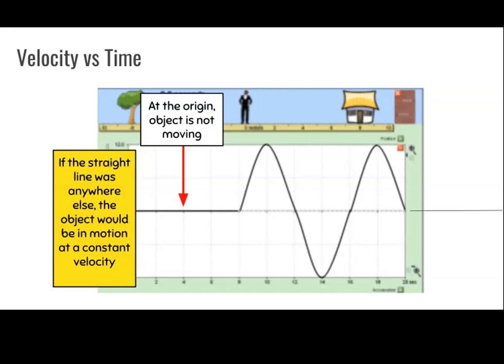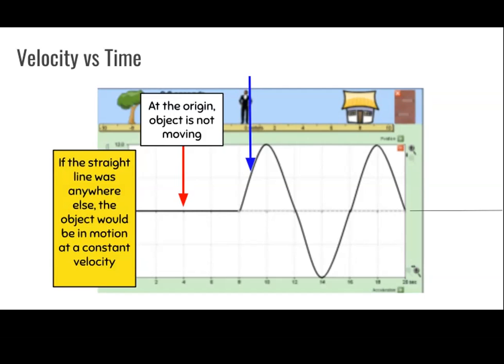So, all right. So now we have the blue arrow. Velocity versus time. Who wants to share what this is telling us on the graph here? Angel, what's the blue arrow telling us? The object is moving forward. Say it again. The object is moving forward. Okay.